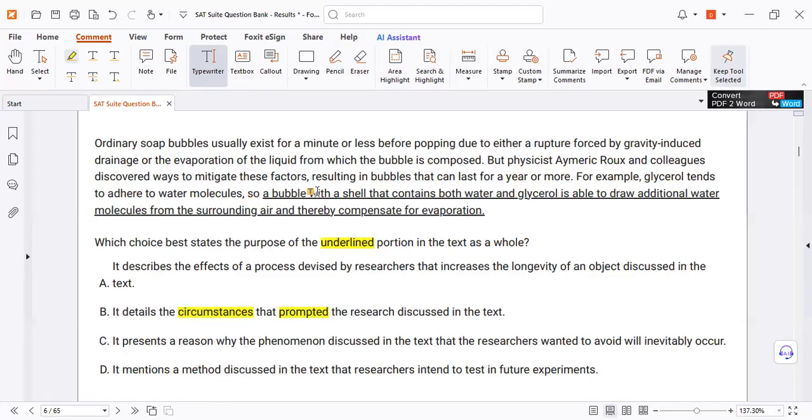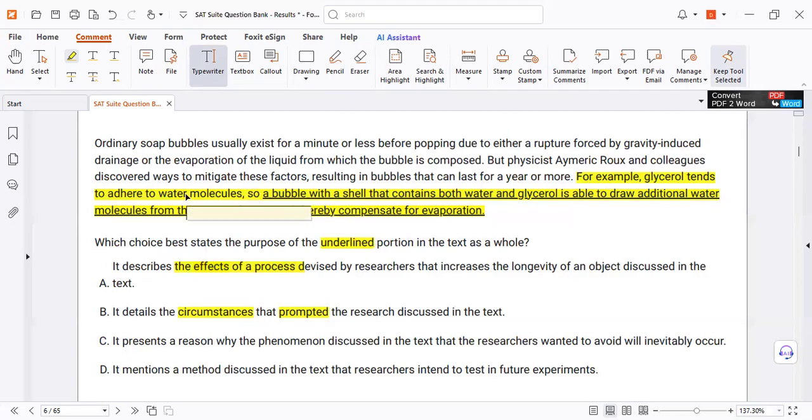But remember, don't read the underline only because it's only the clause, but you can read from the beginning to help you. Does the underline talk about the circumstances, the condition that promoted or developed the research, or no, the effects of a process? That's why he said so.